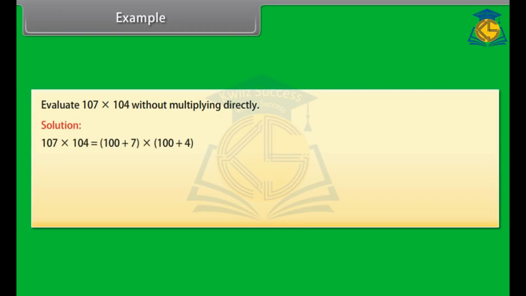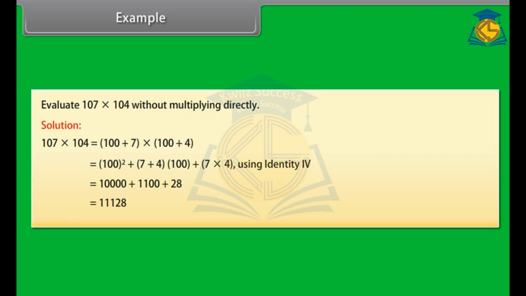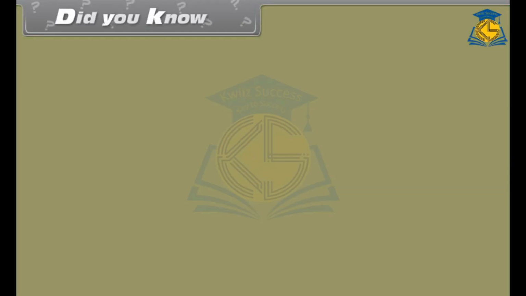Solution. 107 into 104 is equal to (100 plus 7) into (100 plus 4), which equals 100^2 plus (7 plus 4) into 100 plus 7 into 4 using identity 4, which equals 10,000 plus 1,100 plus 28, which is equal to 11,128.